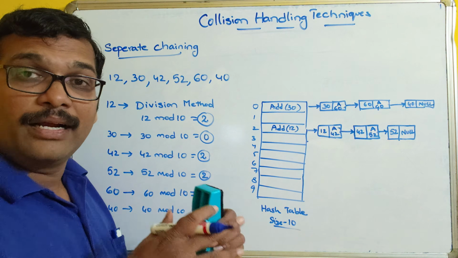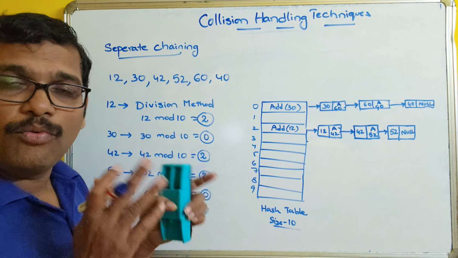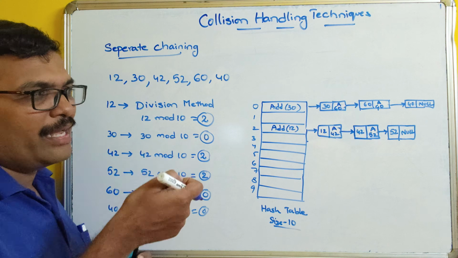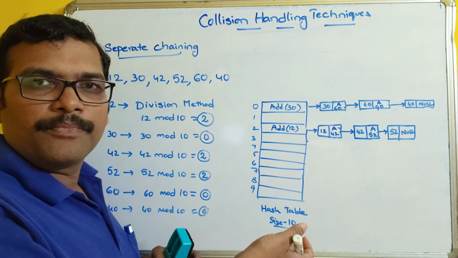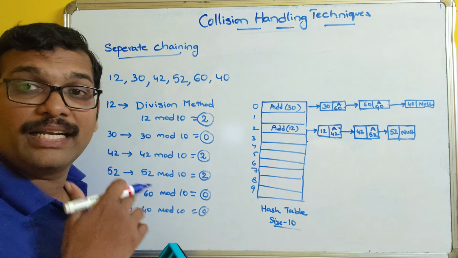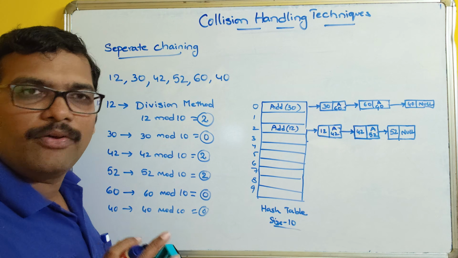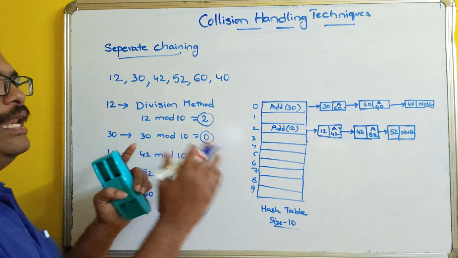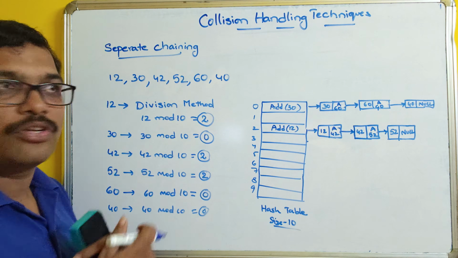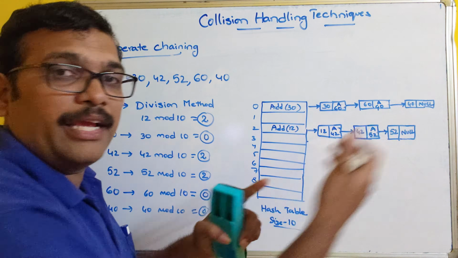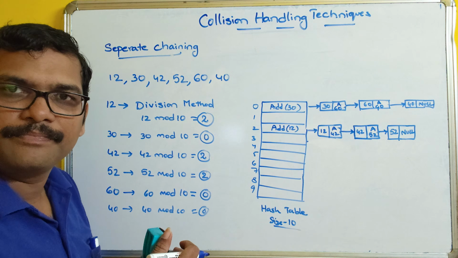A single linked list node has two parts: one is the value, another is the address. We link one node with another node. The address part of the last node will be null because it doesn't point to anything. This is called separate chaining. We are forming a chain by using the linked list.